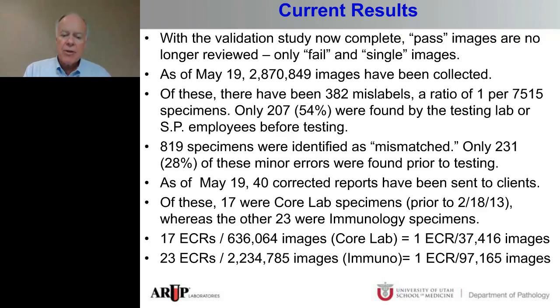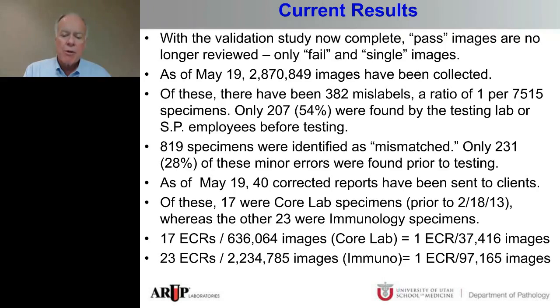But in the case of the immunology laboratory section, where the testing is not done constantly, often we were able to tell them of this error before testing was completed or even started. And so the error rate has dropped significantly.